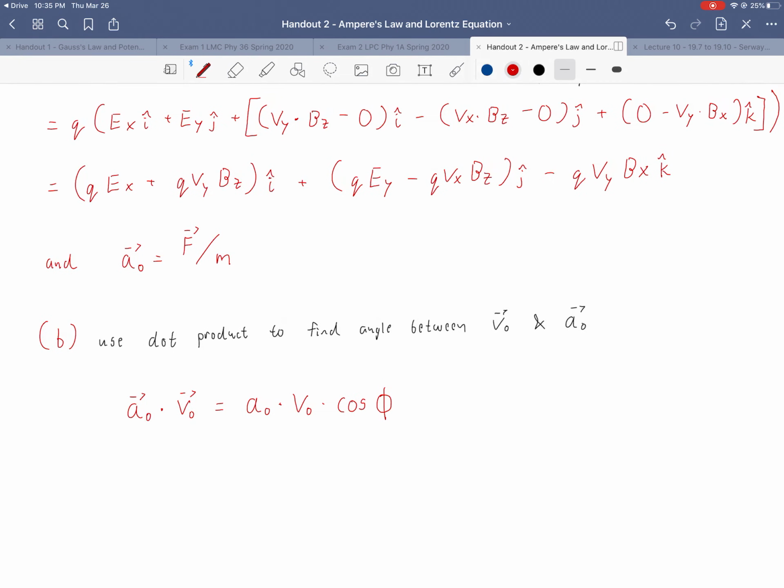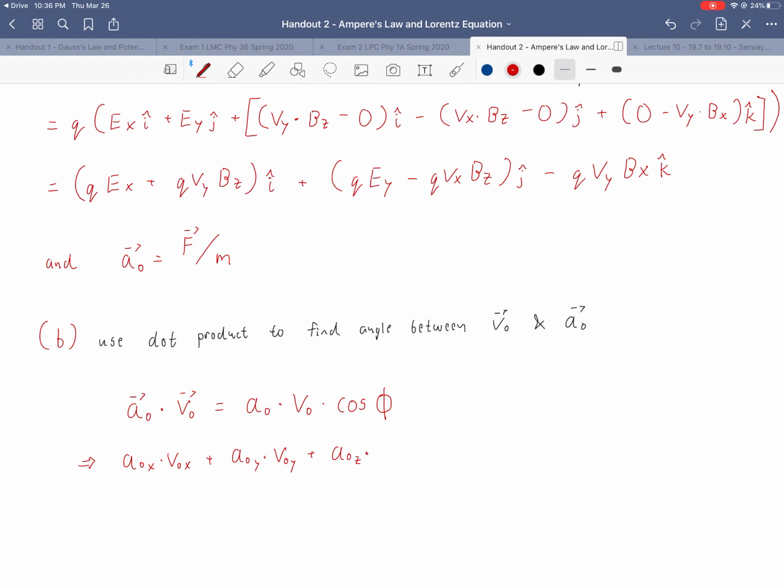And then one way to express the dot product is the sum of the products of all the equivalent components. So we would have A naught X times V naught X plus A naught Y times V naught Y plus A naught Z.